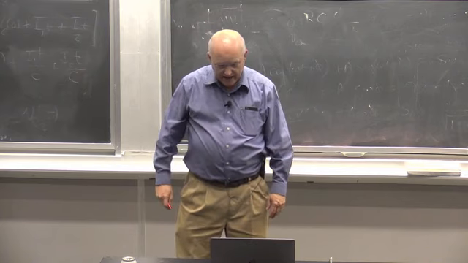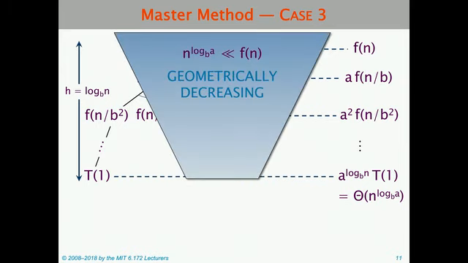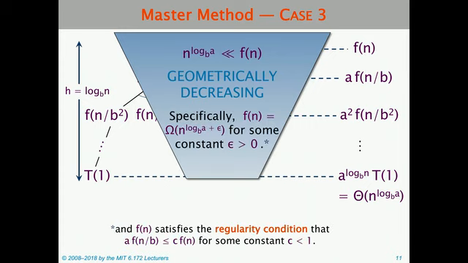And then finally, case 3 is the case when n to the log base b of a is much less than f of n, and specifically where it is smaller, once again, by a polynomial factor, an n to the epsilon factor for epsilon greater than 0. It's also the case here that f has to satisfy what's called a regularity condition.